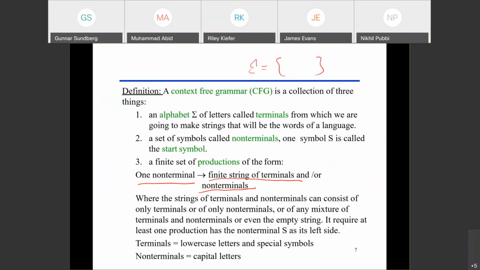Terminals will be a combination of lowercase letters and signs, mathematical signs, symbols, parentheses: comma, plus sign, minus sign, star, slash, and the small letters. All these are terminals. Anything which is written in a capital letter is a non-terminal. This is a big identity to figure out the differentiation between terminals and non-terminals. This is very important.